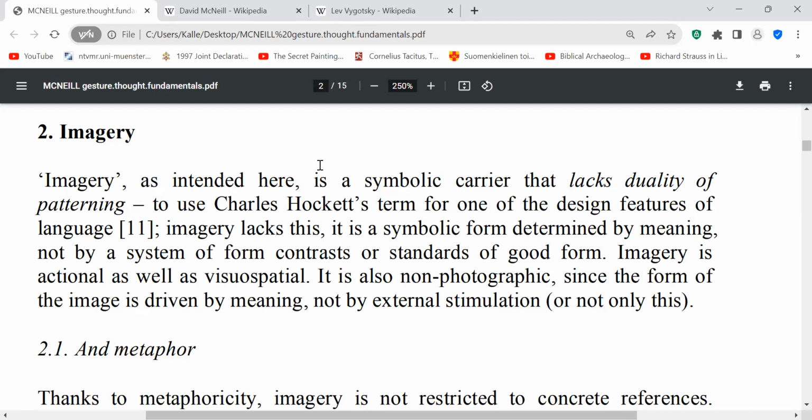Imagery is actional as well as visuospatial. It is also non-photographic, since the form of the image is driven by meaning, not by external simulation, or not only this.